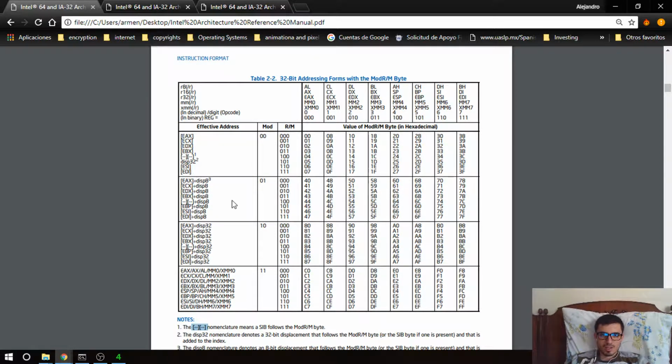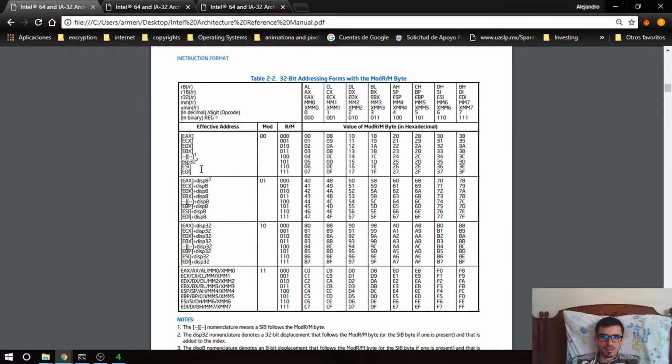So you see here, they never use ESP and EBP as effective addresses, because if you think about it, it would be confusing and problematic, because ESP and EBP are already used by the stack, so that makes sense.